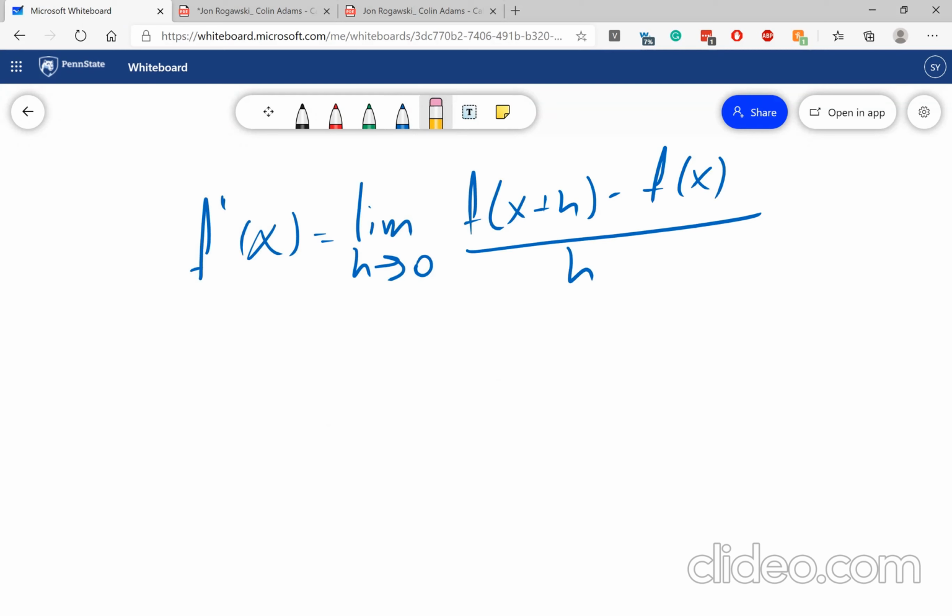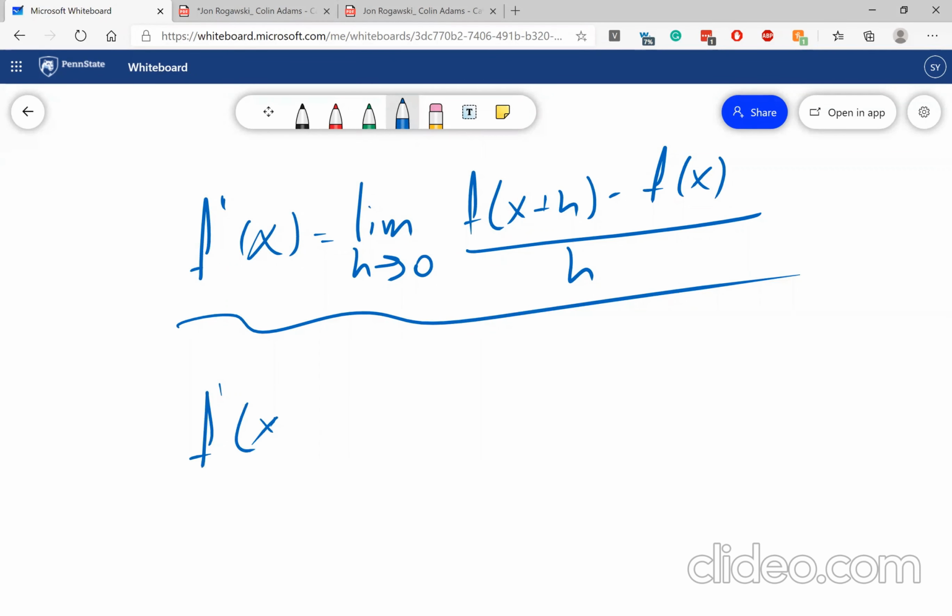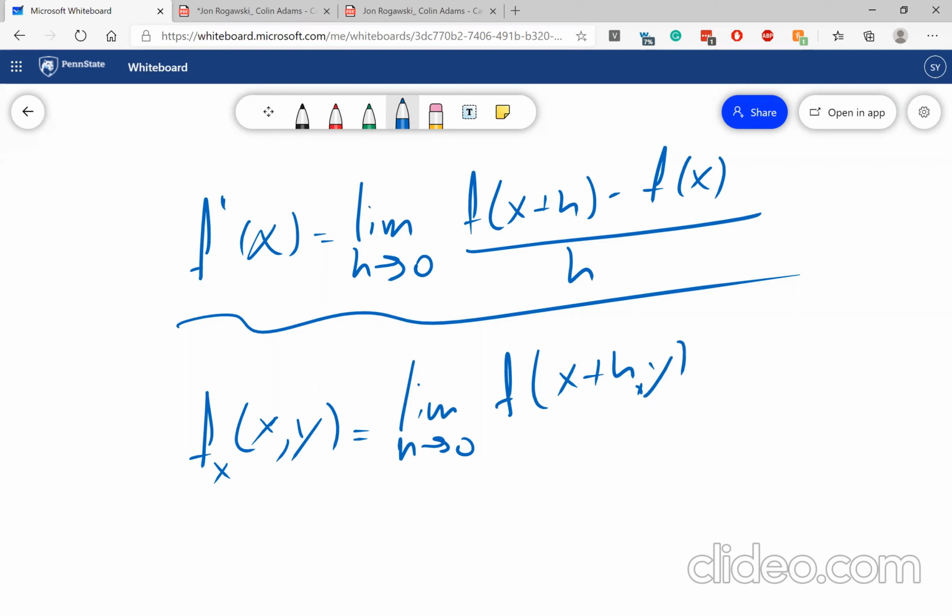So similarly, in 2 dimensions or 3 dimensions, when we look at f prime at x comma y, well, this is not really defined well because that prime does not really tell us if we are differentiating in terms of x or y, but partial of f with respect to x will be the limit as h goes to 0 of f of x plus h comma y. But you see, y over here doesn't get an h because we're just keeping it constant, minus f of x comma y over h.